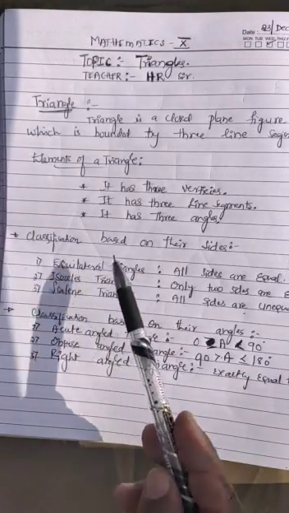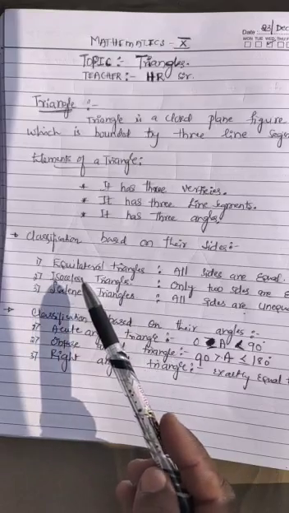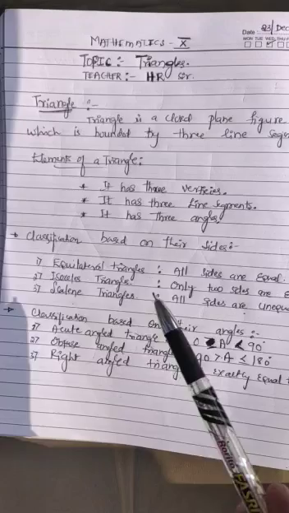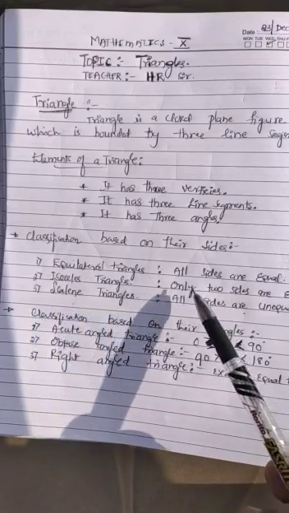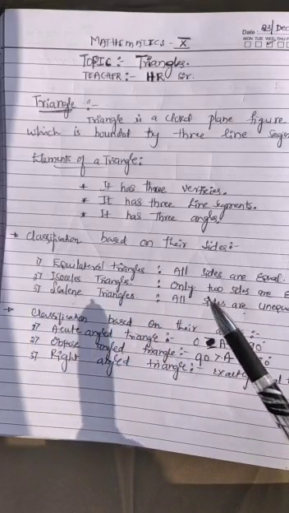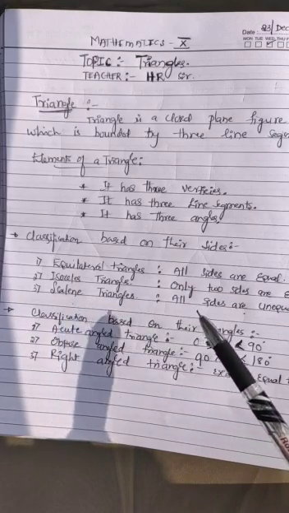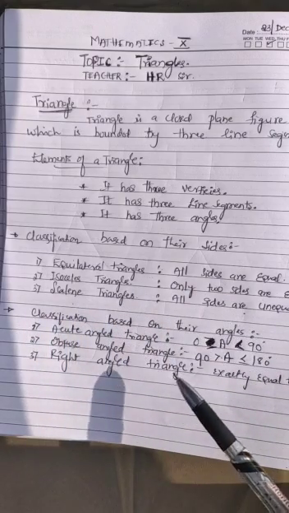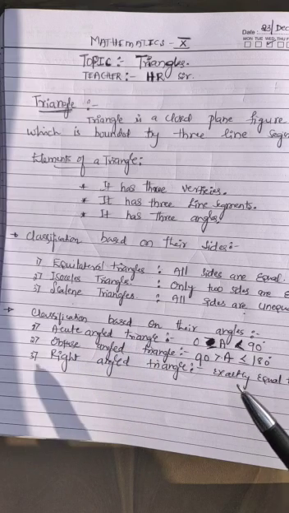In an equilateral triangle, all the sides are equal. An isosceles triangle means only two sides are equal, and in a scalene triangle, all sides are unequal, right?